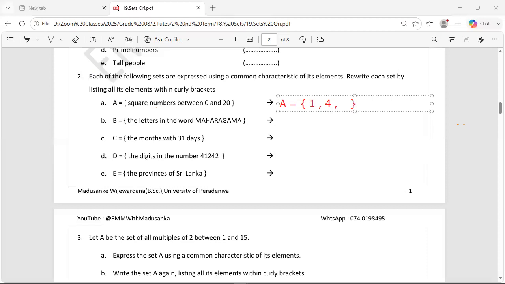Right? What are the other? Geography. And the provinces of Sri Lanka. Javier is asking, sir, are we learning geography here?